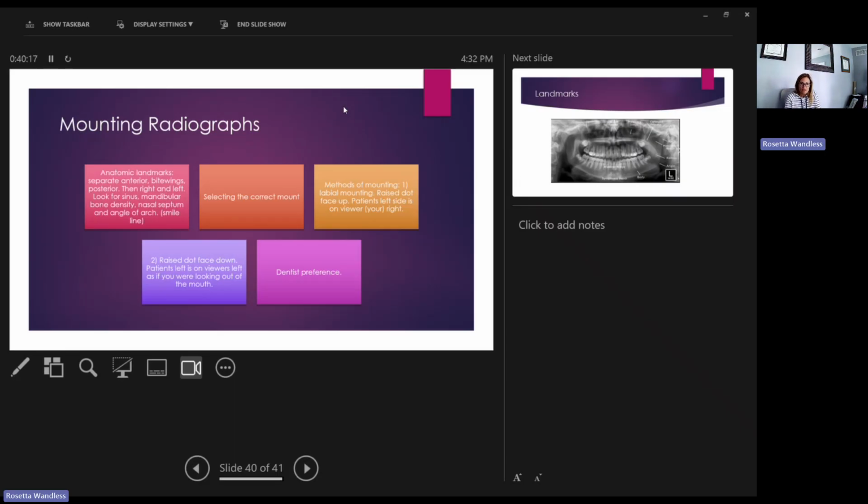You should always recognize, is this the right tooth in the right space? So let's say someone else took the x-ray and you think, that doesn't look like a number 5 or a number 12. That looks like it should be mounted somewhere else, or this isn't a maxillary, it's a mandibular. So there are certain anatomic landmarks that you need to know. We discussed them last round and went through them.